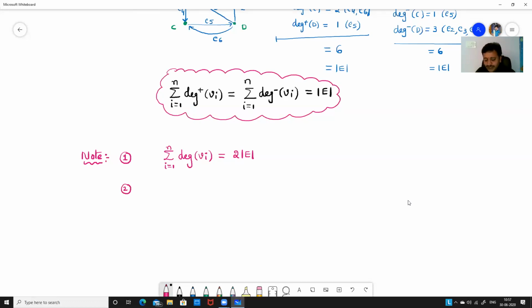So what is the meaning of the statement? The sum of degrees of all vertices equals 2 times E, and anything multiplied by 2 will always give an even number. Therefore, the statement means the sum of degrees of all vertices must be an even number.